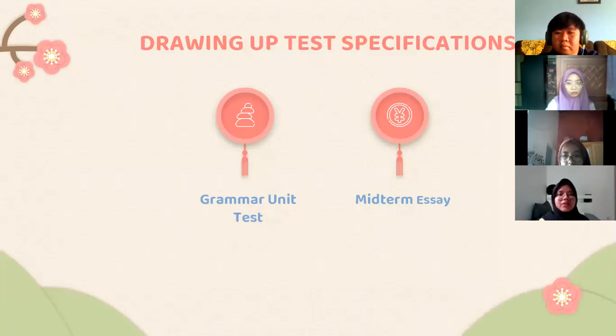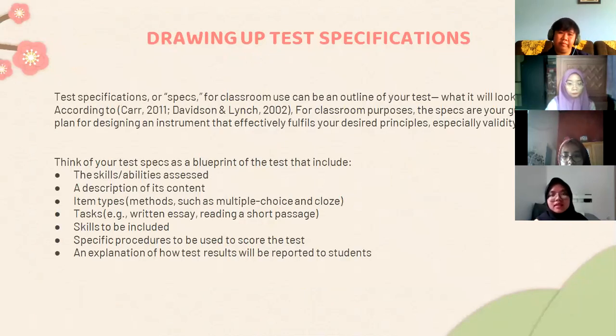The first one is the grammar unit test and midterm essay. Test specifications, or specs, for classroom use can be an outline of your test, what it will look like, according to Carr 2011, Davidson and Lynch 2002. For classroom purposes, the specs are your guiding plan for designing instruments that effectively fulfill your desired principles, especially validity.